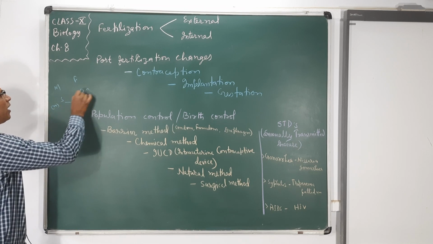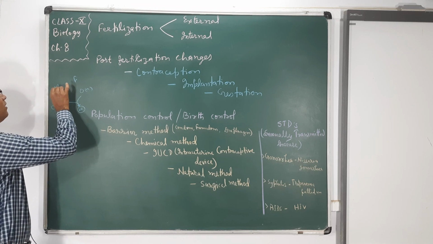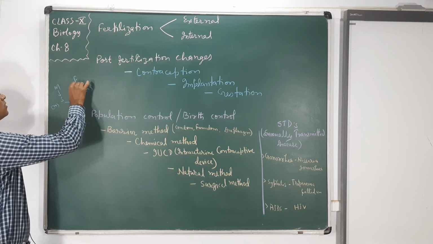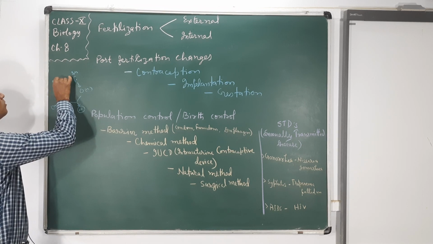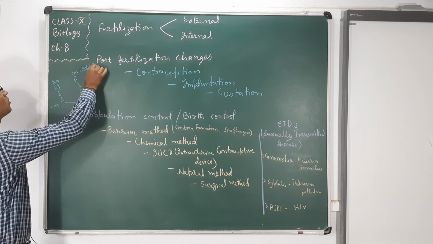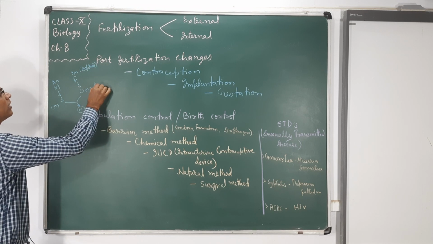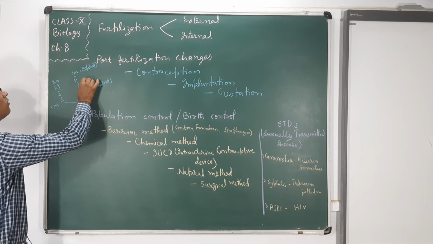N means haploid. Our parents have diploid chromosomes, 2n, so it is called diploid. Diploid chromosome becomes haploid. How? By the help of meiosis.